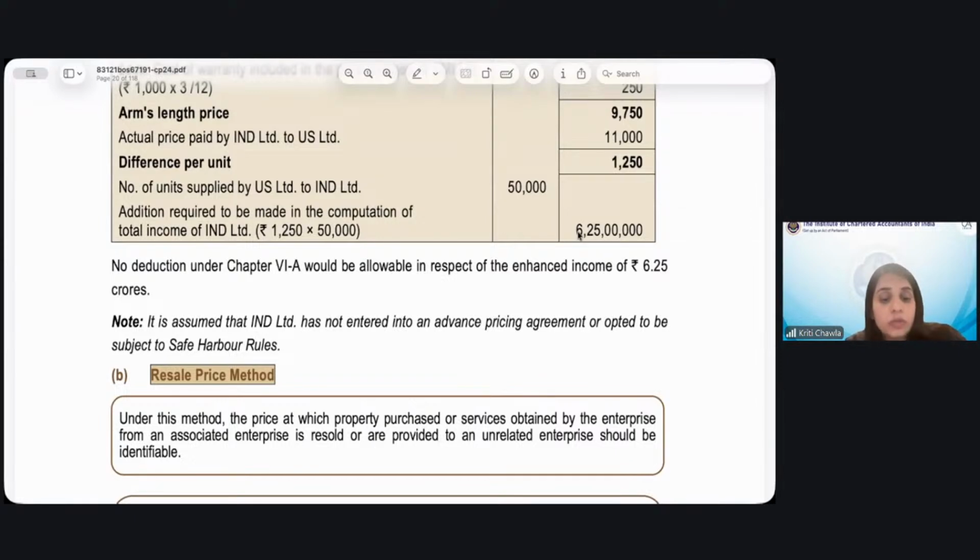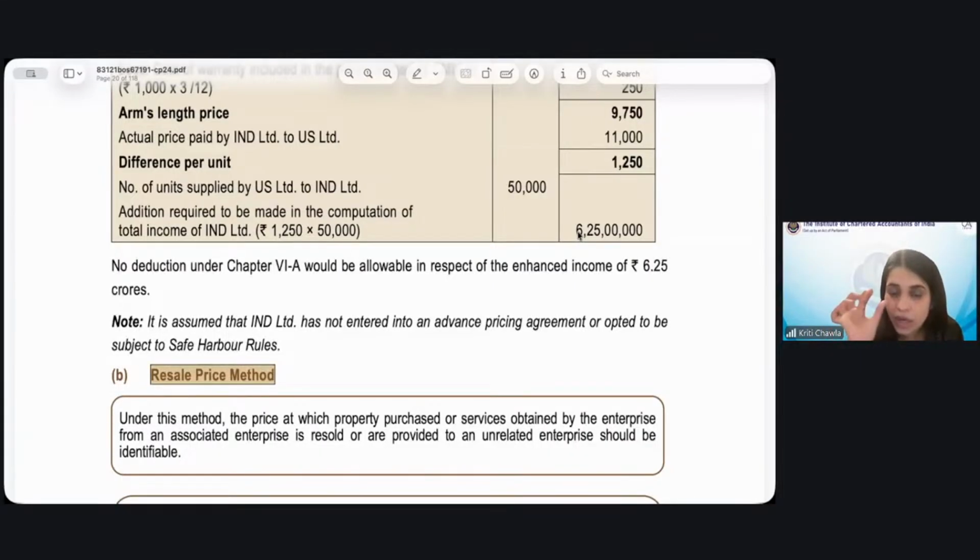Now, if there is no repatriation which is made within a period of 90 days, well, then they can opt to pay an additional income tax of 20.9664%. How is 20.9664% coming? Well, it's 18% plus surcharge plus cess, etc. So that is the amount of tax.